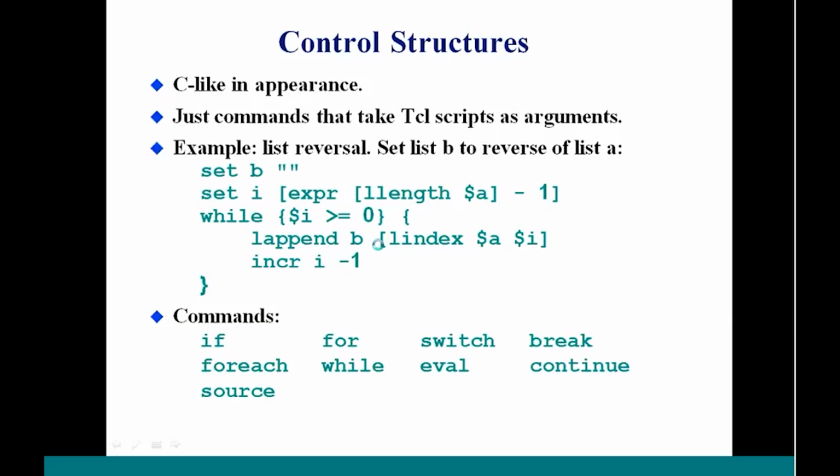They are just commands that take Tcl scripts as arguments. Again, you should think, when we come to Tcl, there is no grammar, so everything is just a command, and then the command will take other Tcl scripts as arguments for it. For example, there's a list reversal where we set the list B to the reverse of list A. So how do we do this?